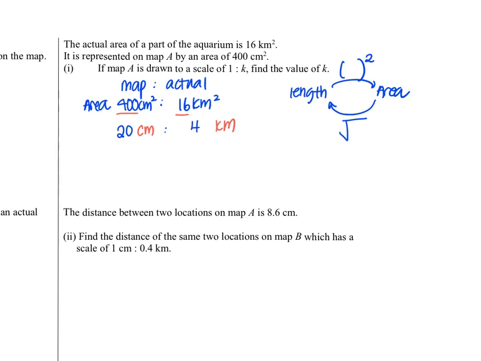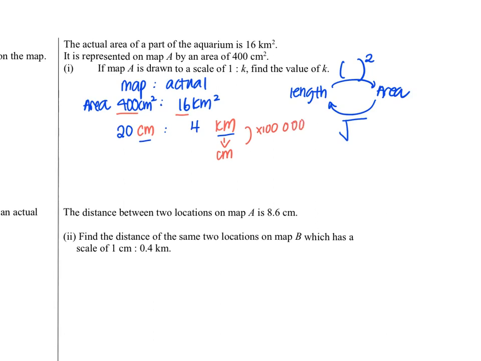Now if map A is drawn to a scale of 1 is to k, when we have a ratio, we must make sure the units on both sides are the same. So I will need to change my kilometers to cm. How do I change my kilometers to cm? From kilometer to meter is 1000. And then meter to cm is another 100.